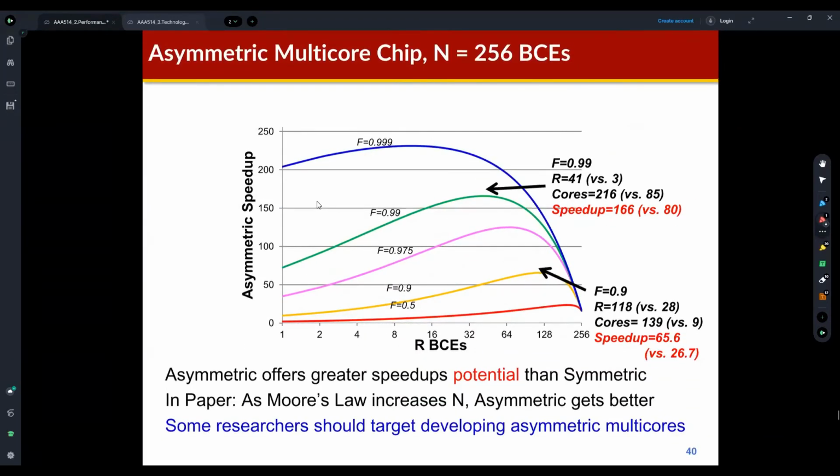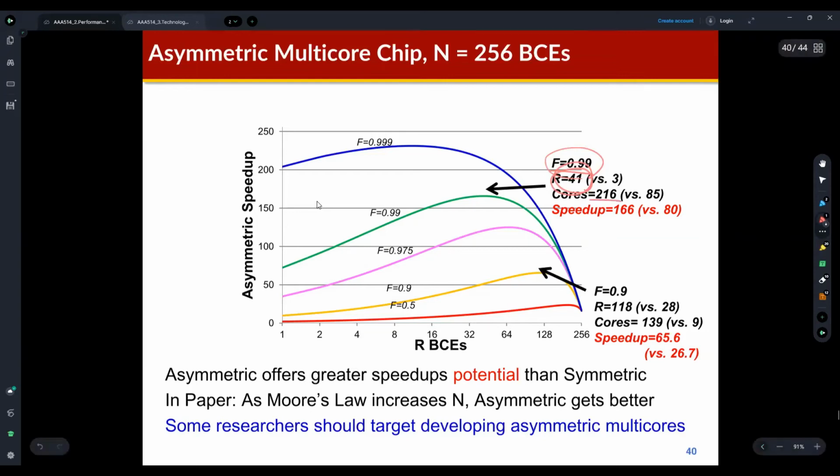So let's compare the overall speed up of this heterogeneous architecture with the symmetric multi-core architecture. If F is 0.99, R is 41. And how many WIMP cores?